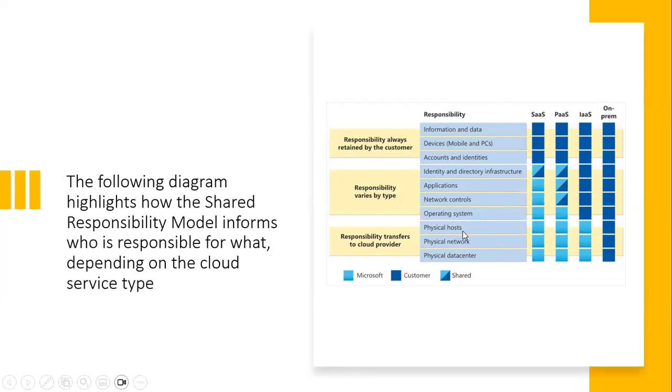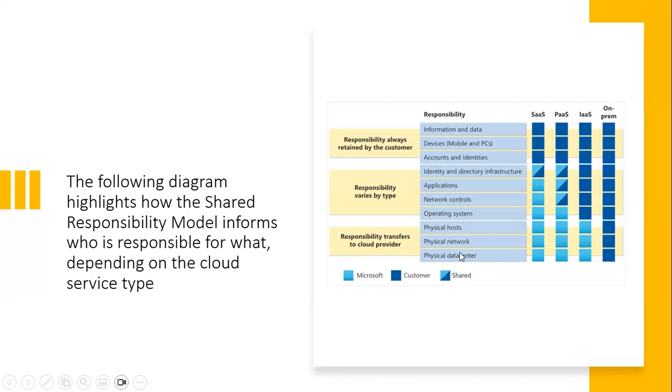Now physical host means the host through which your virtual machine can be connected. That host is maintained by Azure, or Azure is responsible for that host. Then physical network, through which your machine is connected in that public cloud. For that network, Azure is responsible, and Azure is also responsible for the data center where the servers are.